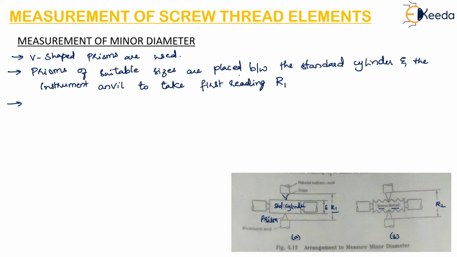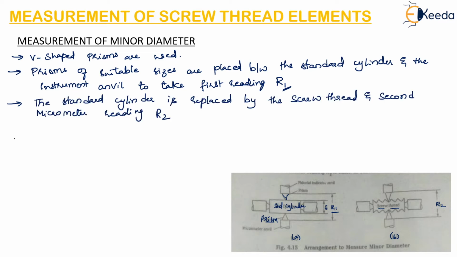After taking the first reading R1, the standard cylinder is replaced by the screw thread whose minor diameter has to be checked. Then readings from the micrometer are again taken. The second micrometer reading R2 is taken when we place the screw thread instead of the standard cylinder.